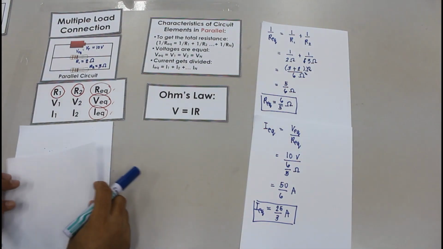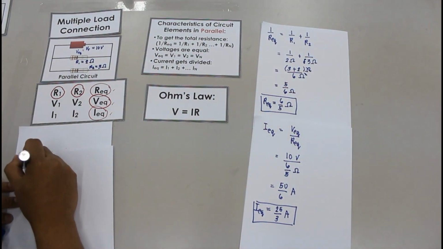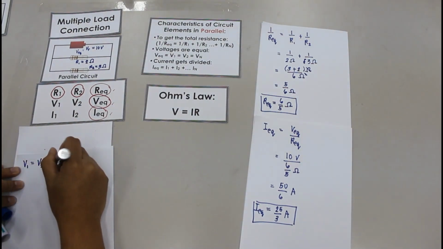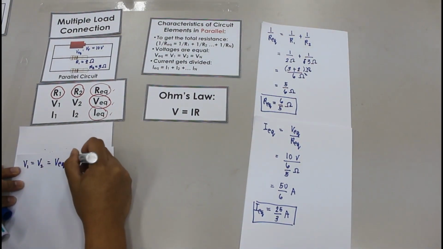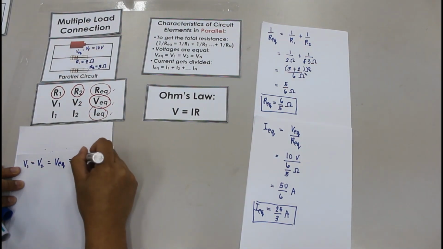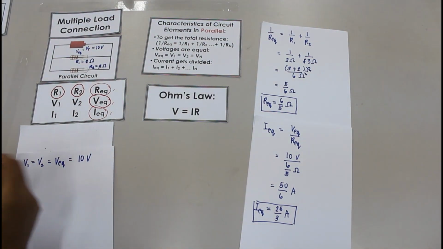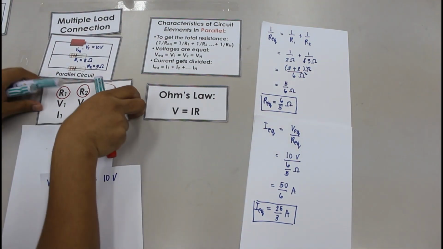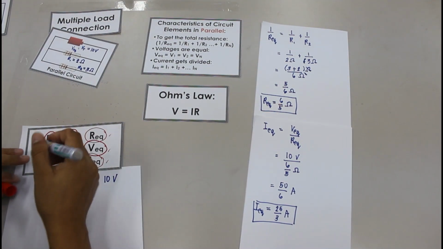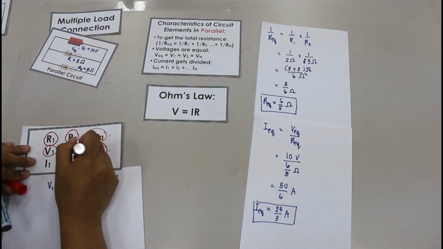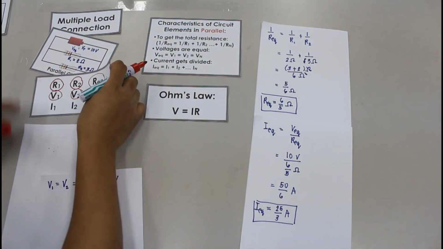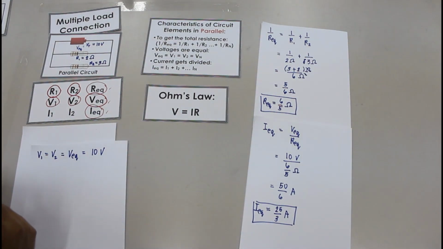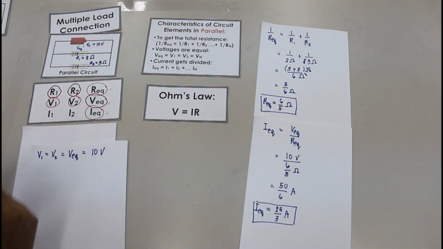That means we can now note that V1 equals V2, and both of these are equal to V equivalent. And the value is 10 volts. So we once again refer back to our guide here and encircle what we were able to note, that the values of V1 and V2 are both equivalent to 10 volts. This means we're only left to solve I1 and I2 here.